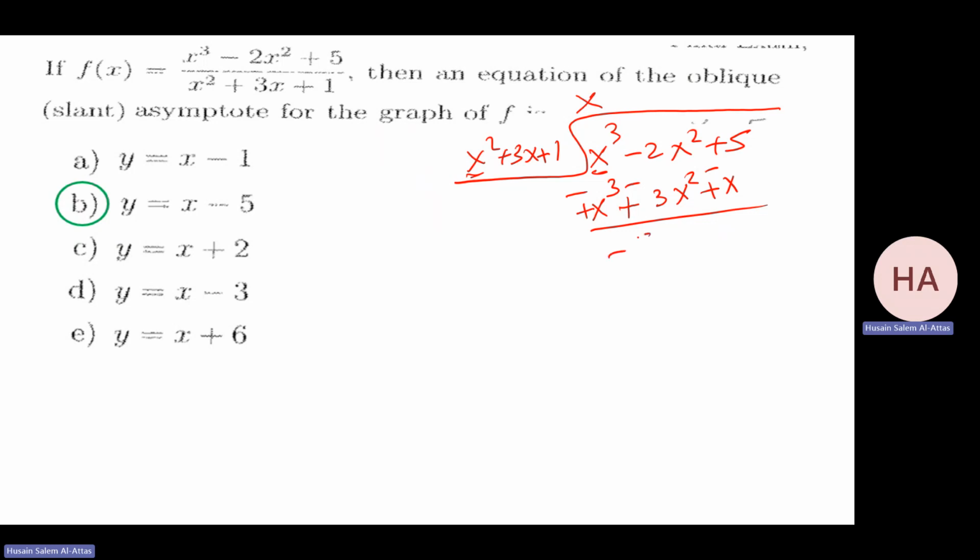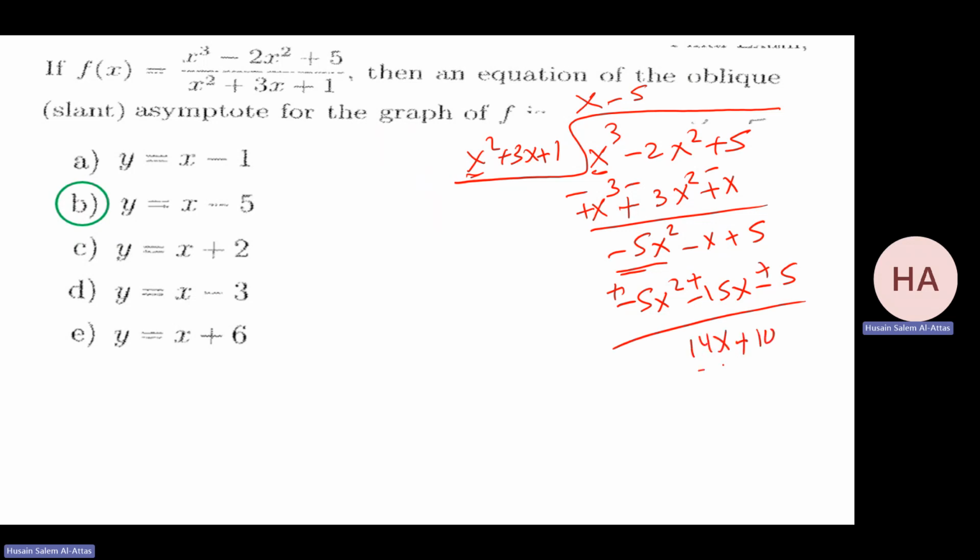So I'm getting minus 5x squared minus x plus 5. Divide this by this, getting minus 5, multiply minus 15x minus 5. This gives me 14x plus 10. I will stop. The degree here is 1, the degree here is 2. So I will stop. The slant asymptote is y equals x minus 5. That's it.